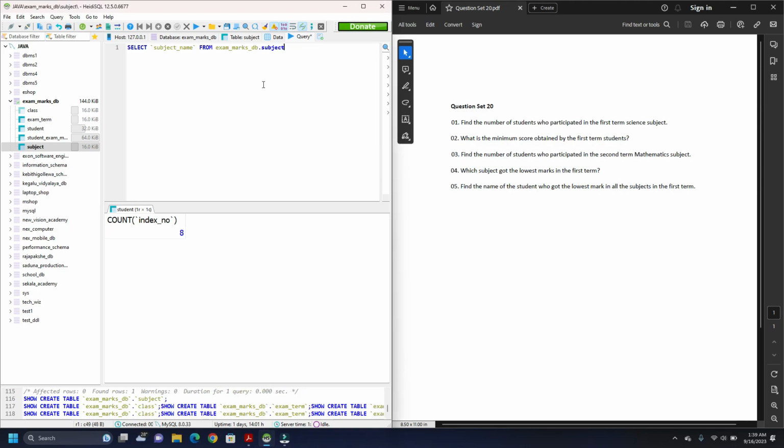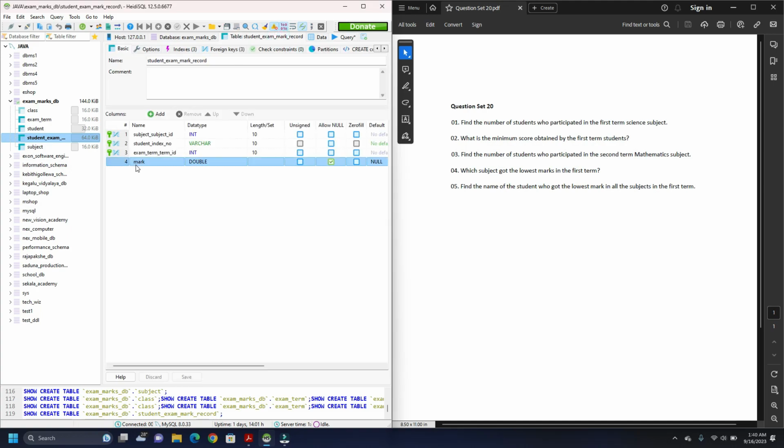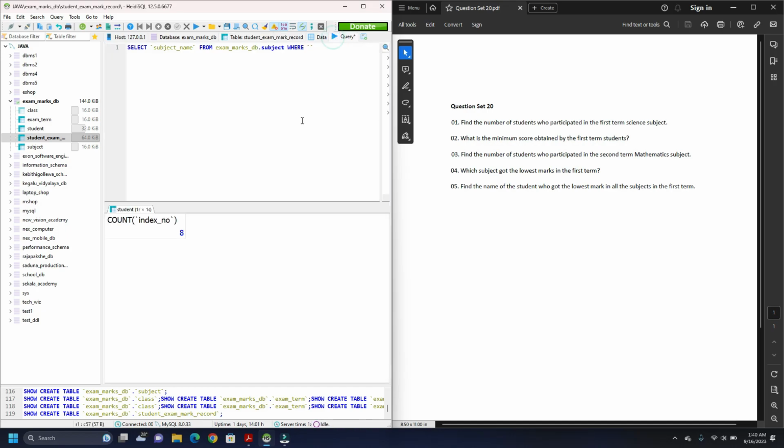So here you have to write a subquery to get the lowest mark. So where, let's get the mark from student exam mark record table, and then we write the subquery.